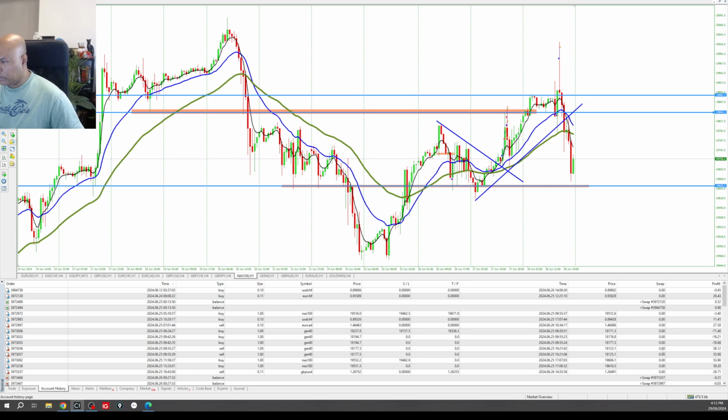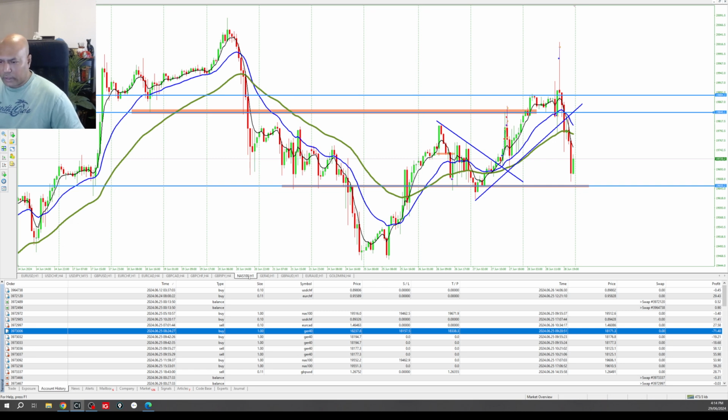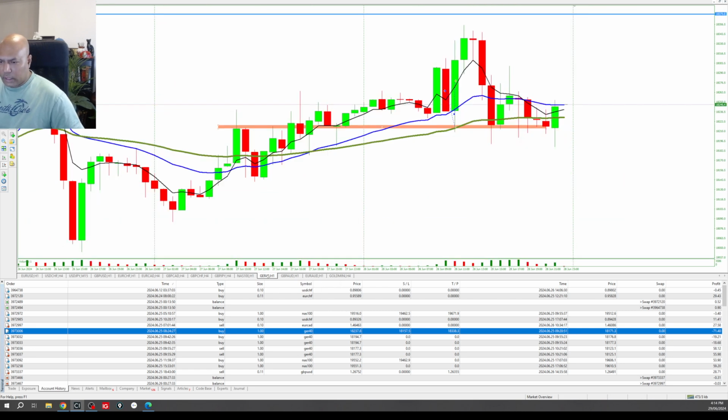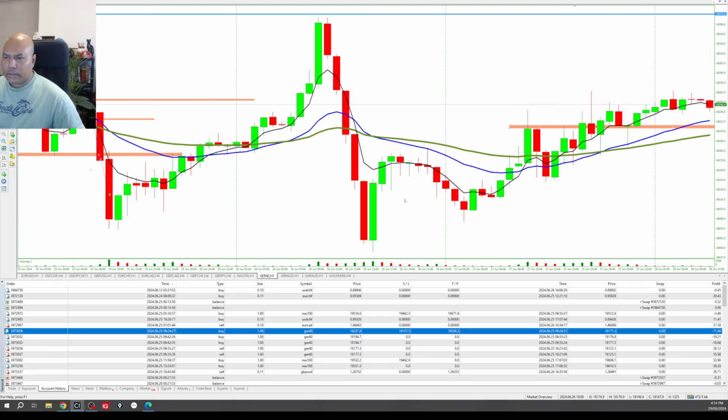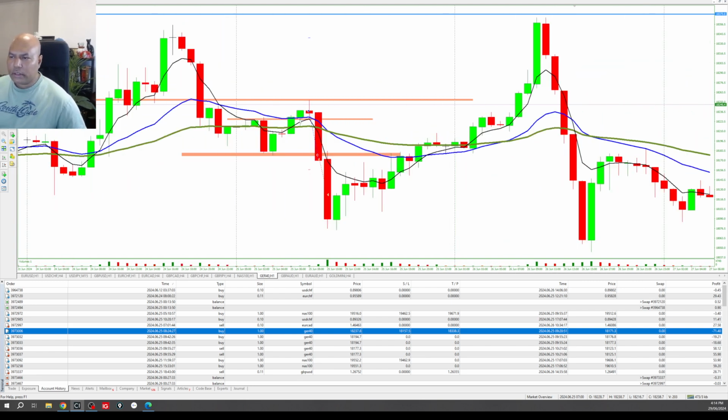Only one trade went over my stop loss, because I had a mental stop loss on German 40, as I told you, in the first trade, which was this trade. That's the one that didn't work out, and the rest of the trades worked out the way I planned.